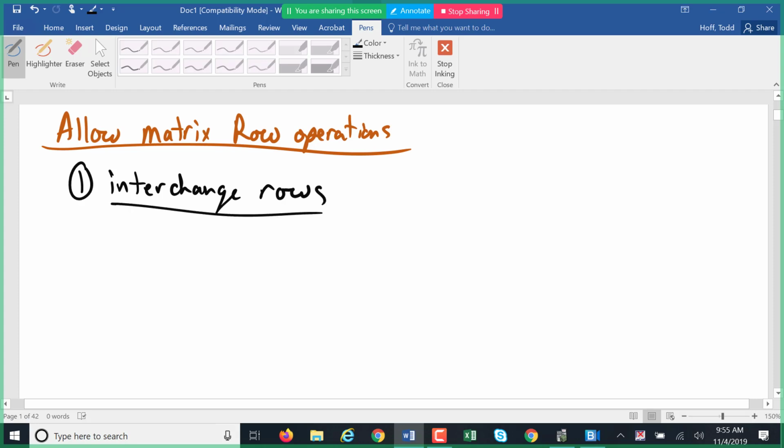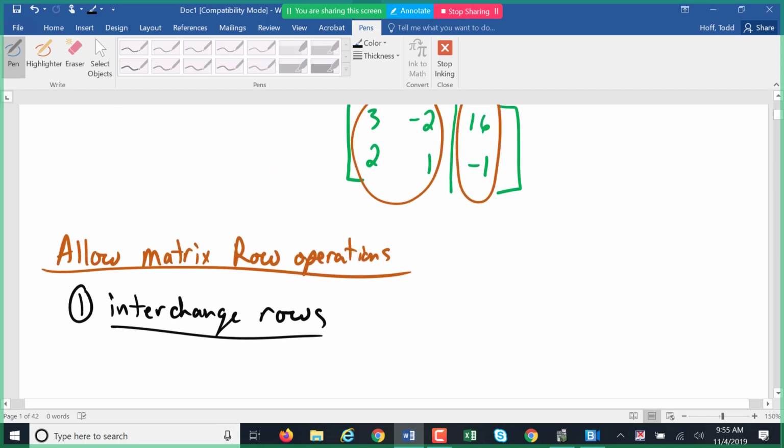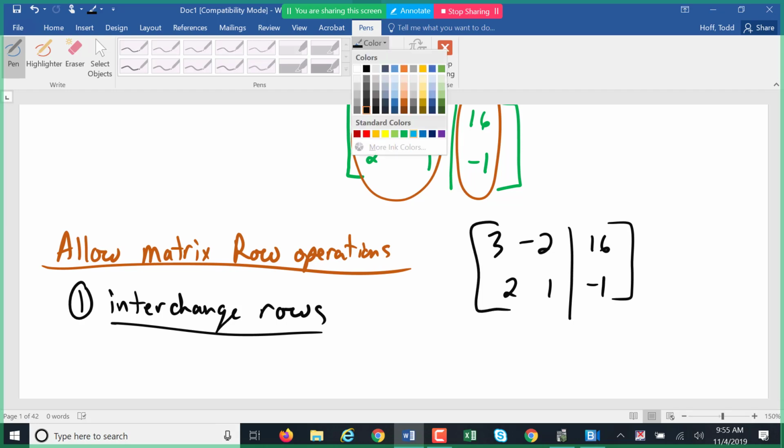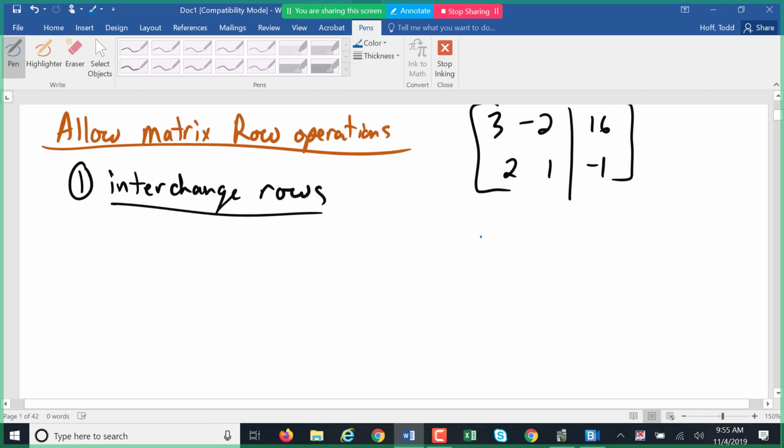So with my matrix up above there, the matrix is 3, -2, 16, 2, 1, -1. I could interchange the rows. I could make that 2, 1, -1, 3, -2, 16. I have not changed the meaning of that matrix. If you think about it back to that original system of equations that it represents, all I've done is flipped one equation from the bottom to the top.